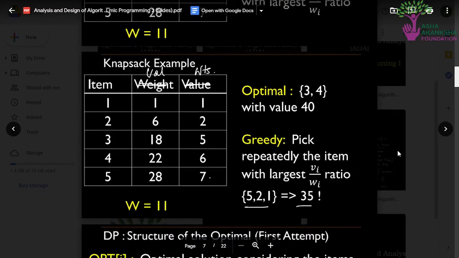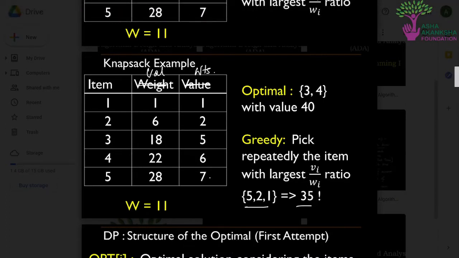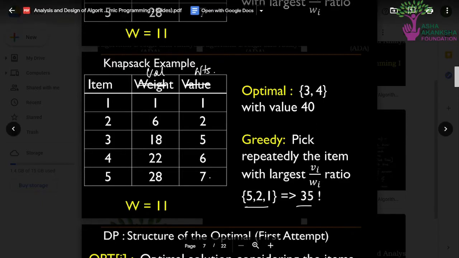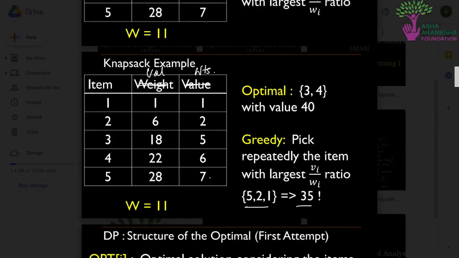Now I will be discussing why the greedy approach does not work in this case. So let us consider what is the solution of this knapsack problem while following the greedy algorithm. You will see while calculating the ratios that the items number 5, 2 and 1 will be selected according to the greedy approach, and the sum of the values is 18 plus 28 plus 6 plus 1, which is equal to 35.